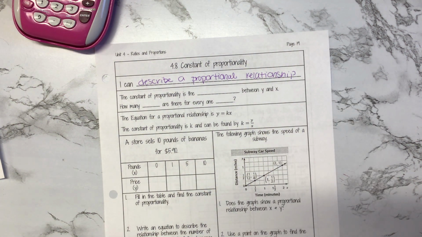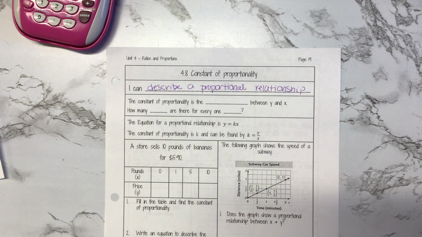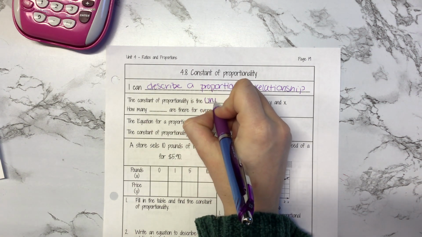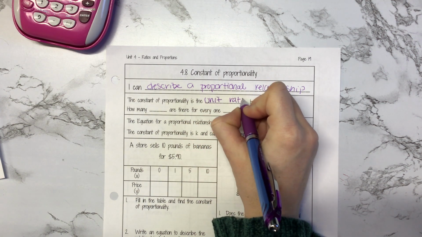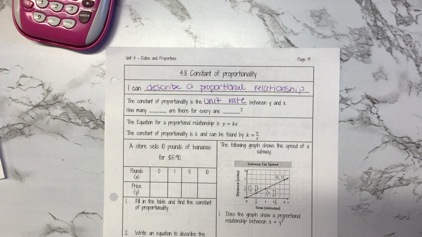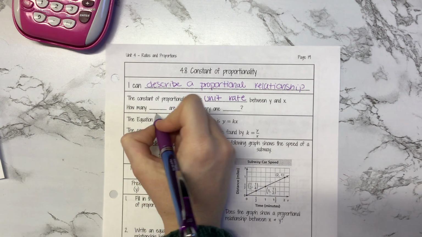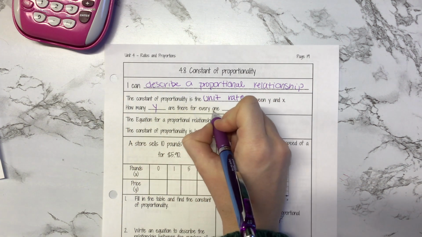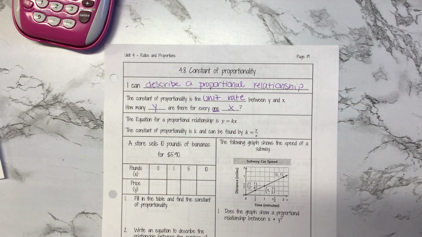And it's kind of just like a fancy unit rate. Okay? So the constant of proportionality is the unit rate between x and y. So how many are there of thing y for every one x?